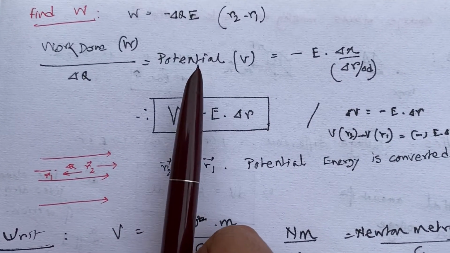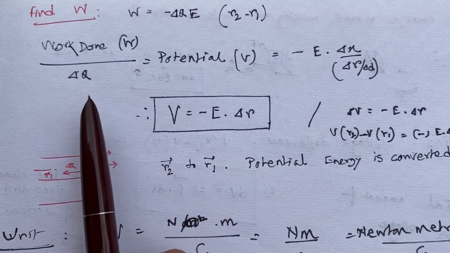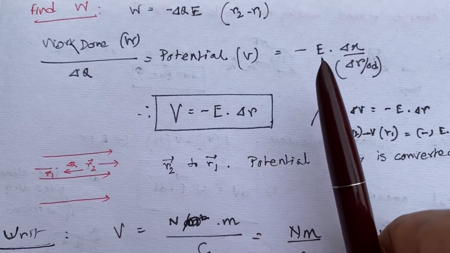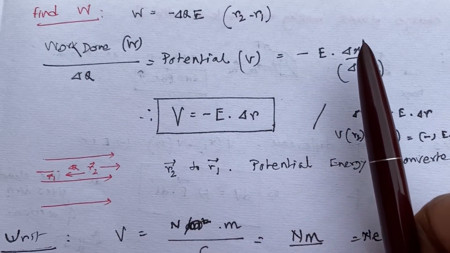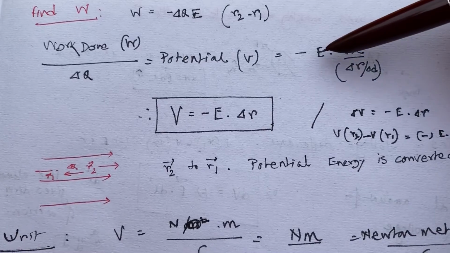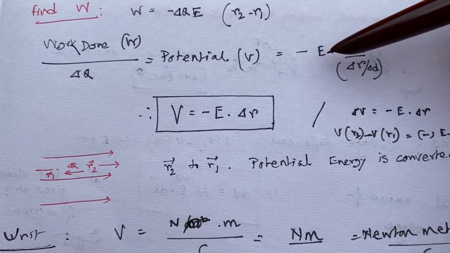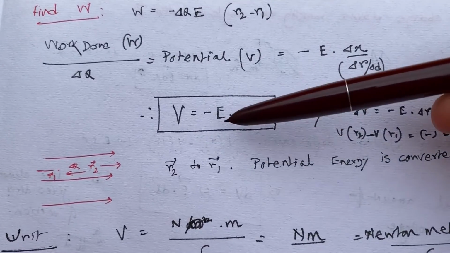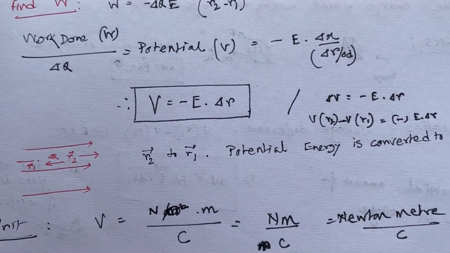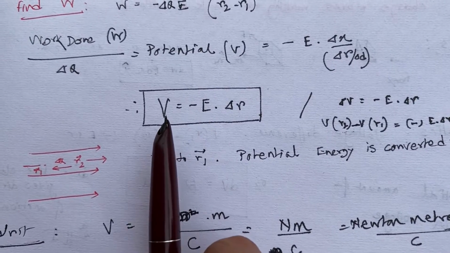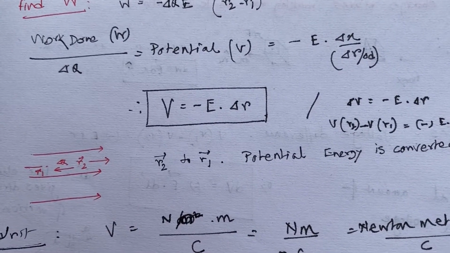So this potential has the unit of joule per coulomb, and we call it volt. Now, volt is also equal to electric field into the amount of the displacement. Unit of displacement is meter, and so from this relation, volt equals electric field into displacement, I can easily obtain the unit of electric field, which is equal to volt per meter.